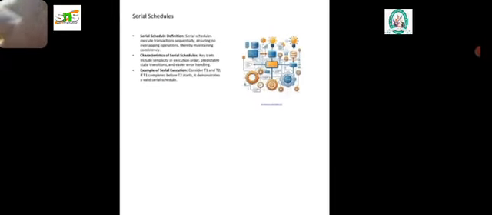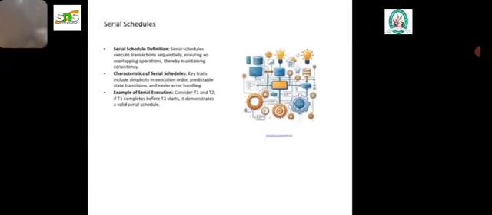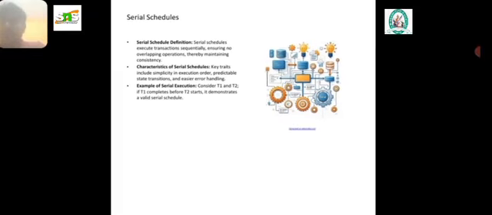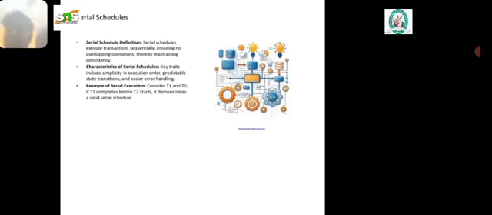Next is the definition of schedules. Serial schedules execute transactions sequentially, ensuring no overlapping of operations and thereby maintaining consistency.